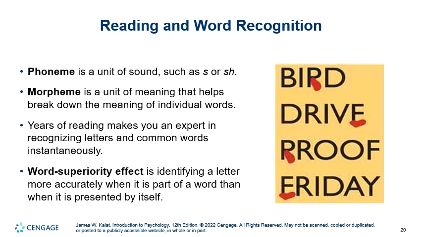You've become such an expert at reading that even when it's mixed up somewhat, because you've practiced enough, you're still able to recognize it and read it. Hence we're talking about the word superiority effect, which identifies a letter, or more accurately a part of a word, when it's presented by itself. You're going to see it and know it.